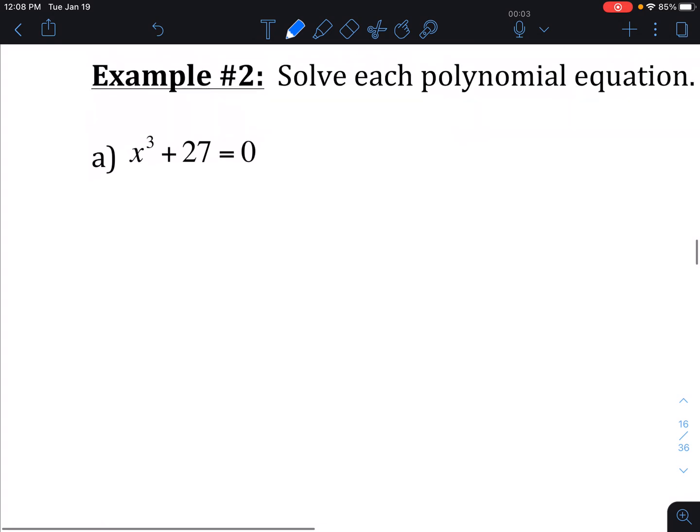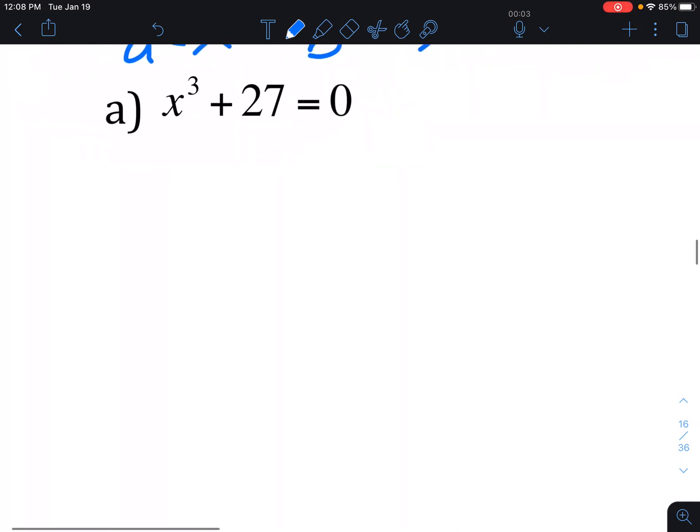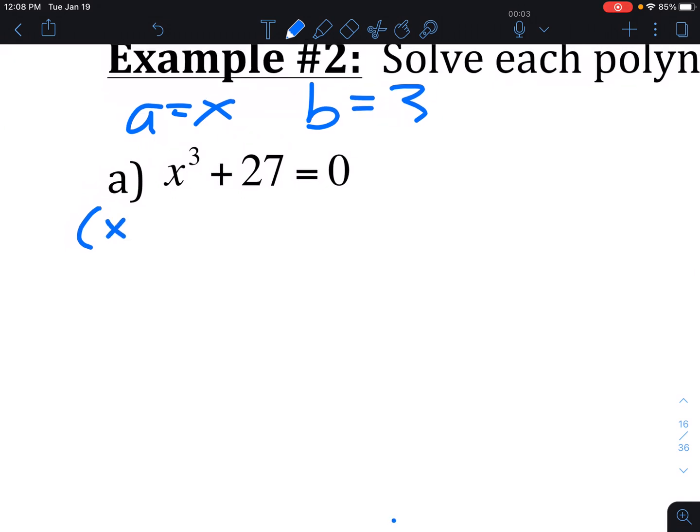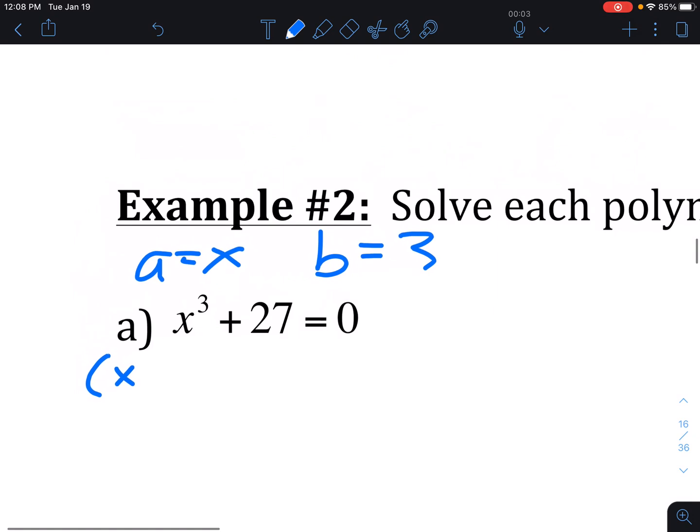So this guy here, a is x, b is 3, so we're going to use the sum of cubes. So that would be a plus b then a trinomial, a squared minus a times b, so x times 3, and then plus the b squared, so that's 3 squared is 9.